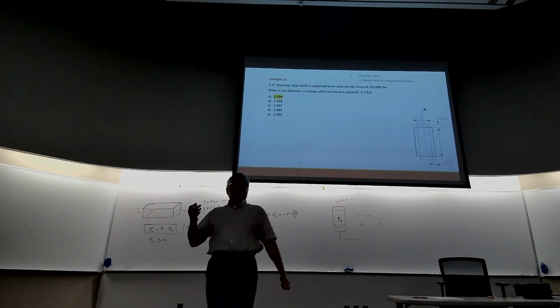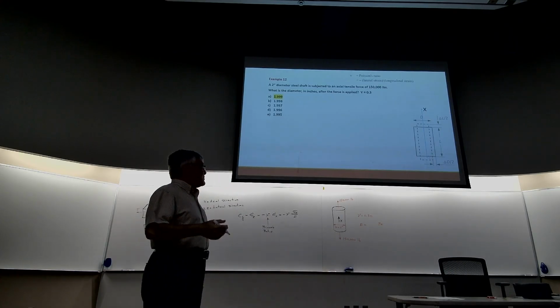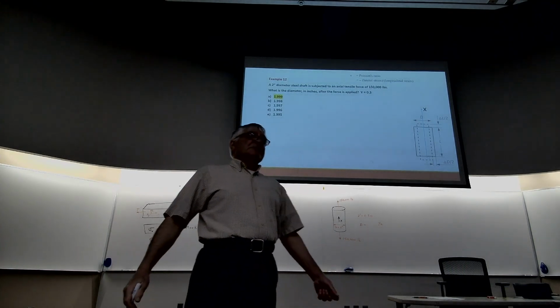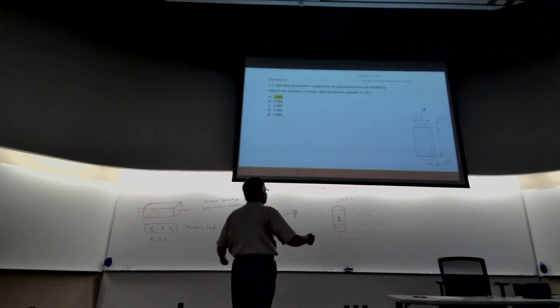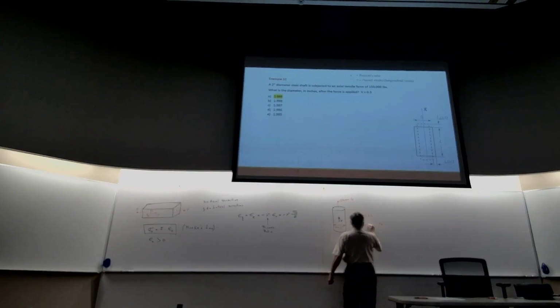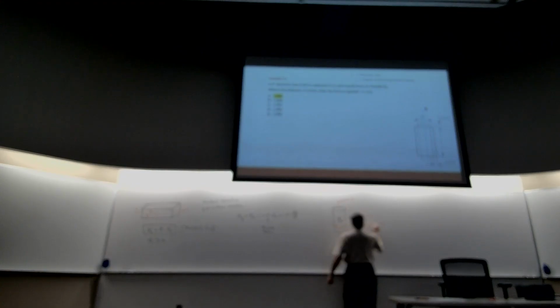We've done quite a few problems involving steel, so this is 29 million. But there's no reason really to memorize these numbers because you can always use tables. 29 million psi.